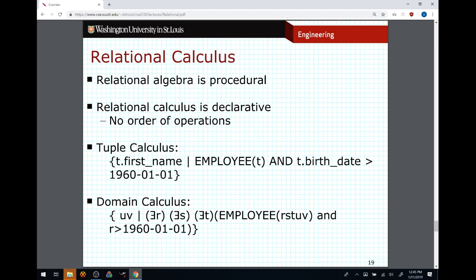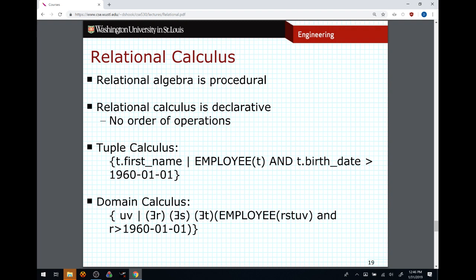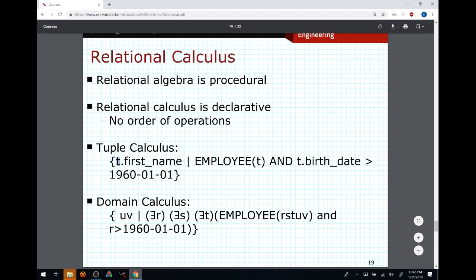And so there's two ways of defining relational calculus. There's tuple calculus and there's domain calculus. You can see that these queries both express more or less the same query. I'm looking for the first name of all employees with a birth date after 1960, right? That's tuple calculus, where T is defined as any tuple that exists in the employee relation.